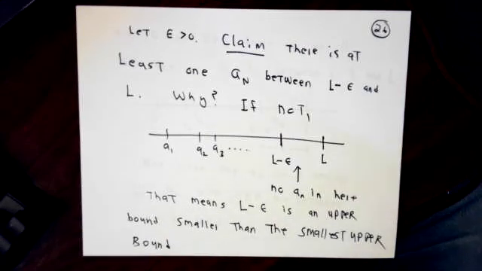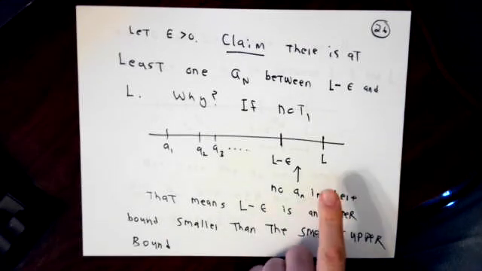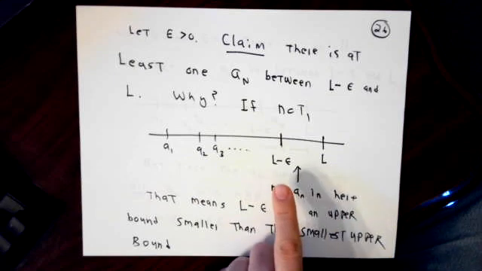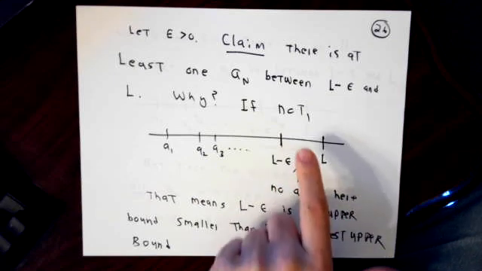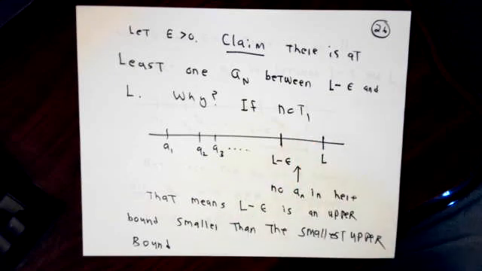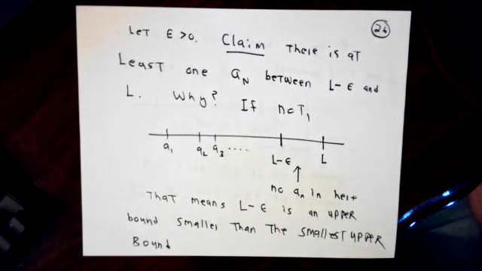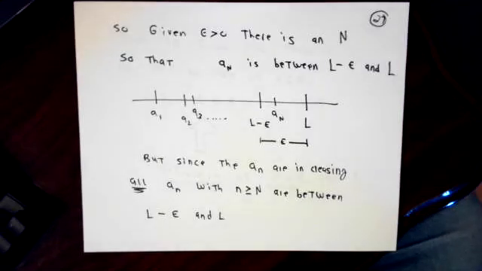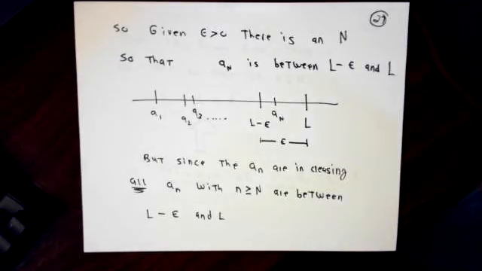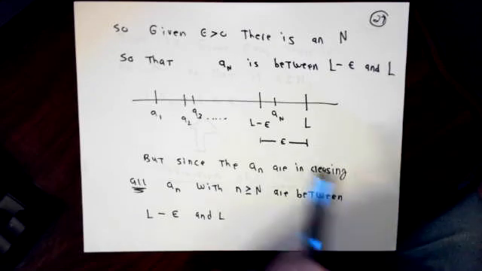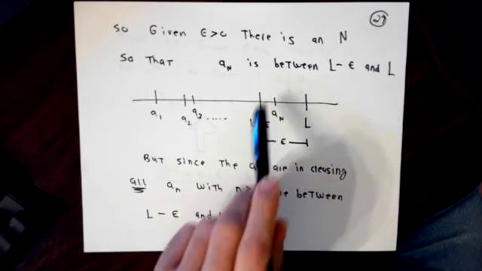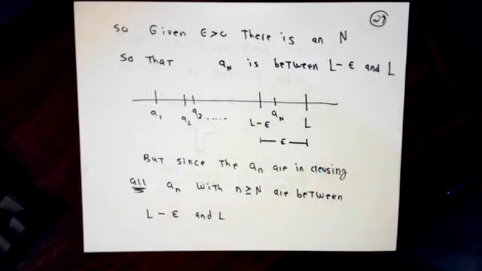Keep in mind what we've just said. Back up even a little bit, epsilon, and there has to be one of the a numbers in there. So back up a distance epsilon, one of the a sub n numbers has to be between L minus epsilon and L. Otherwise, we've got an upper bound that is smaller than the smallest upper bound.